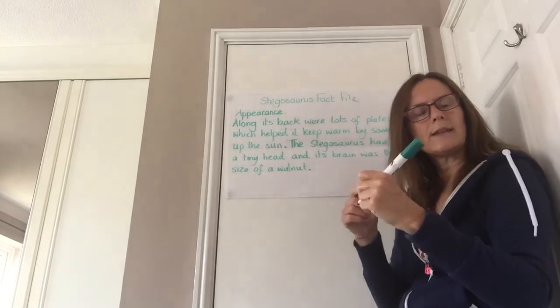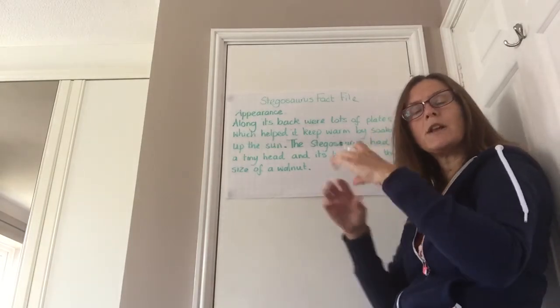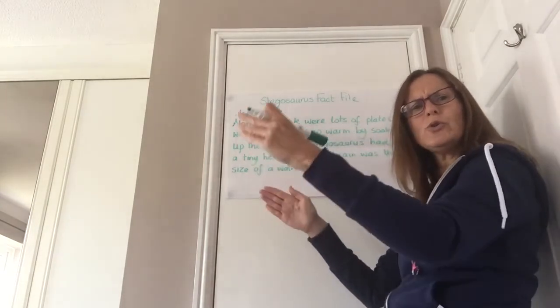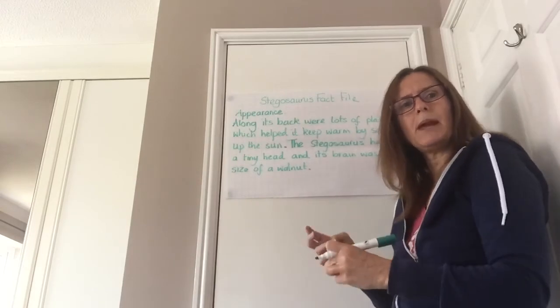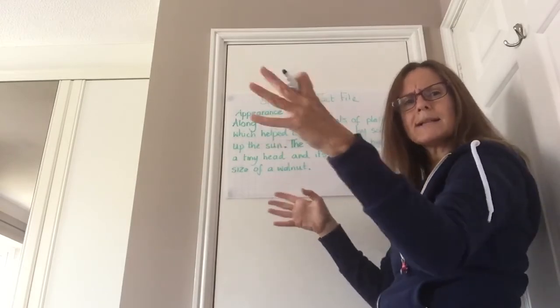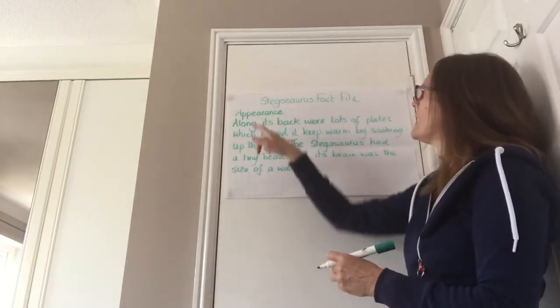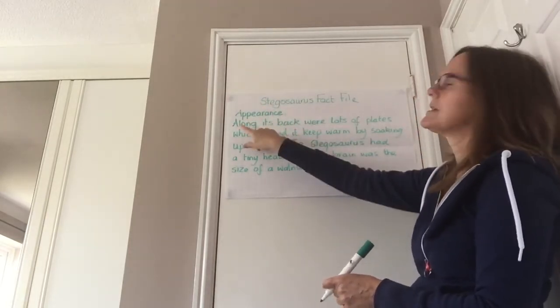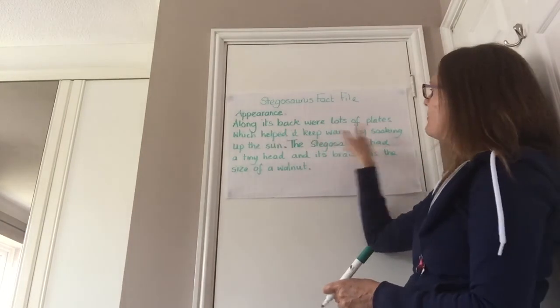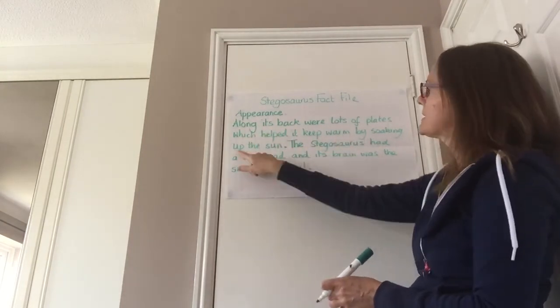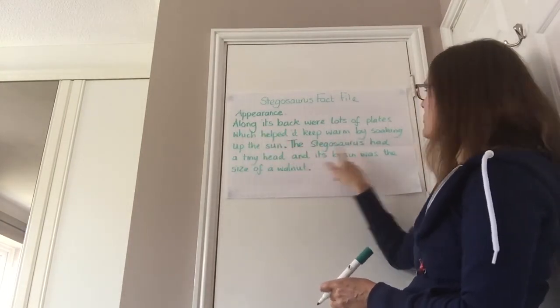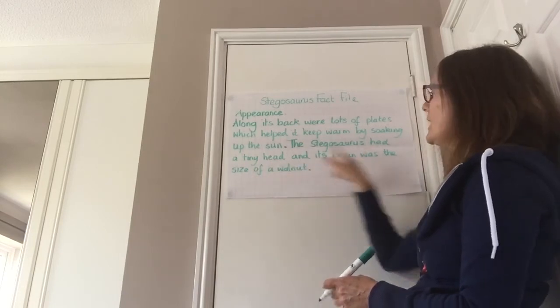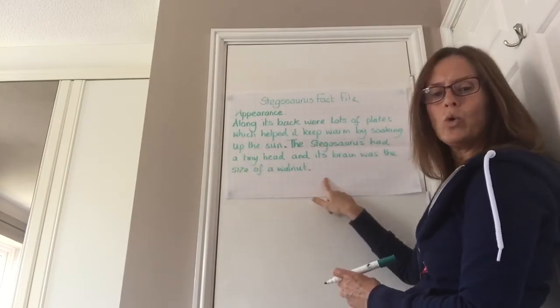And I like it when they tell us an example of something we can imagine, then we can imagine how huge and massive these creatures must have been when they walked the earth. Now I'm just going to check it makes sense. Stegosaurus fact file, appearance. Along its back were lots of plates which helped it keep warm by soaking up the sun. The Stegosaurus had a tiny head and its brain was the size of a walnut.